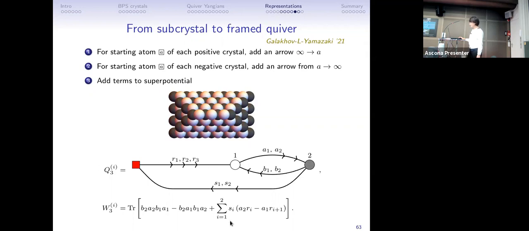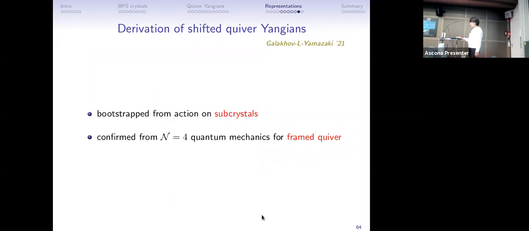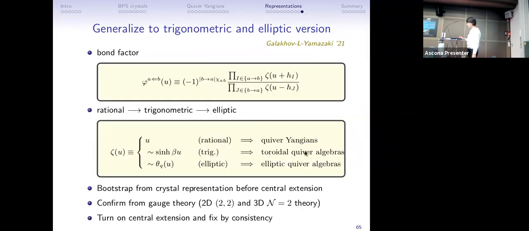And then you have to add some terms in your superpotential to complete this. It's essentially the same computation. We can bootstrap the algebra from the action, and then we can check from the quiver quantum mechanics for the framed quiver now. So now finally, we can also generalize the entire story to the trigonometric and elliptic version.